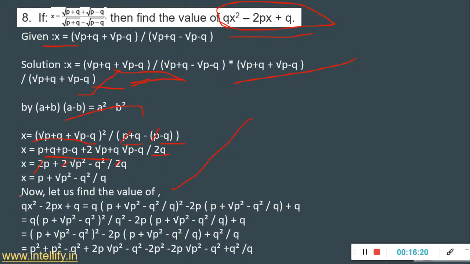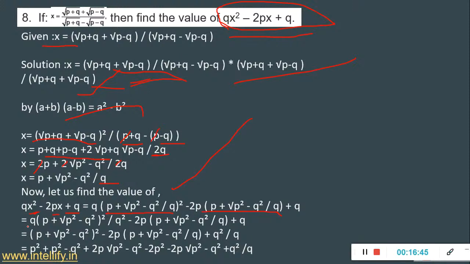Now let us find the value of qx square minus 2px plus q. In this equation, we'll put the value of x that we have obtained here. Here it will become x square, and here it is x. We'll put this whole value here and we'll solve it.